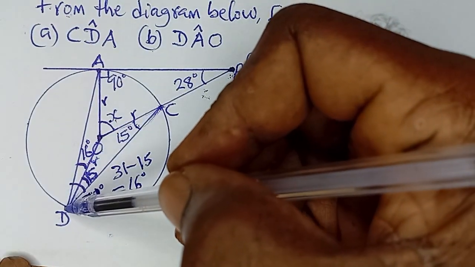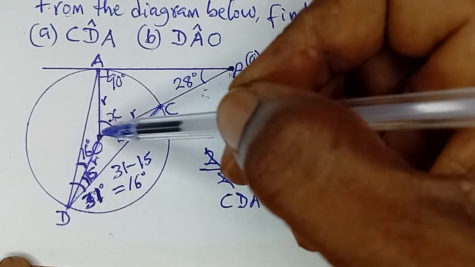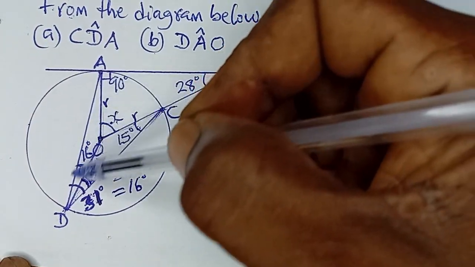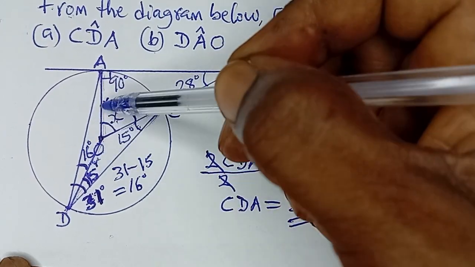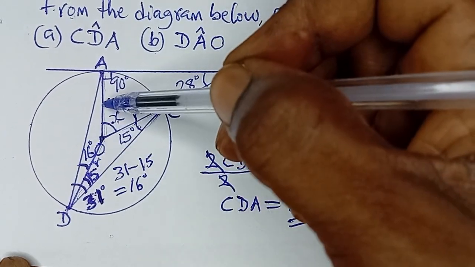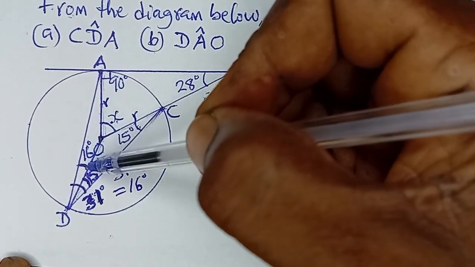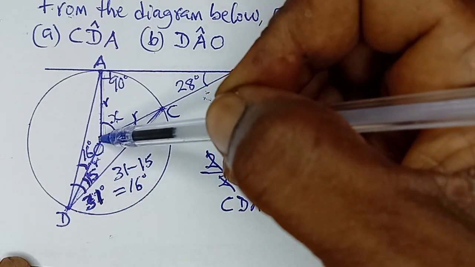So that tells us that this triangle DOA, this full triangle, is an isosceles triangle because these two sides are equal. They are both radii of the circle. So this triangle is an isosceles triangle.